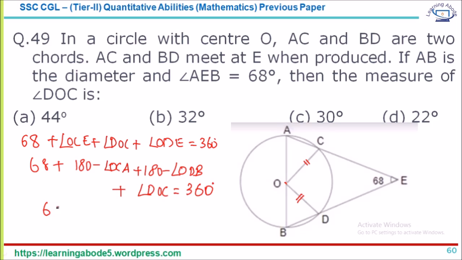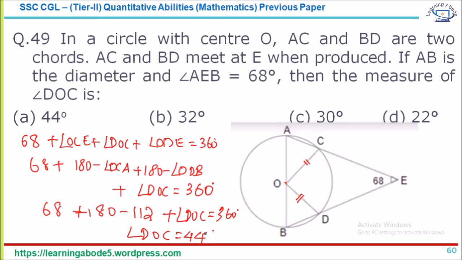Now we know this is 68. Plus 68 plus angle at DOC is equal to 360 degrees. So angle at DOC is equal to 44 degrees.